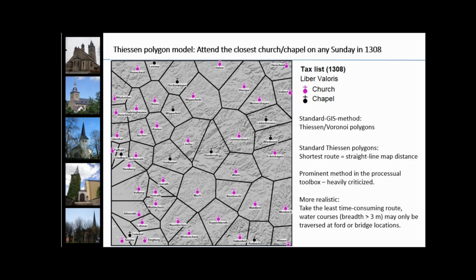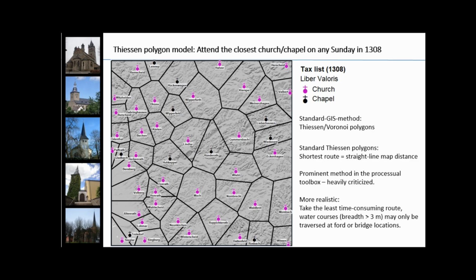And another warm up is the normal Thiessen polygon with Euclidean distance based on a text list from 1308. As I mentioned before, these Thiessen polygons have been heavily criticized because nobody walked like this. But the idea is that wherever you are, you have to attend church on Sunday with this example, and you take the closest church or chapel.